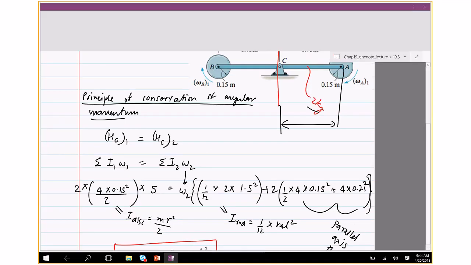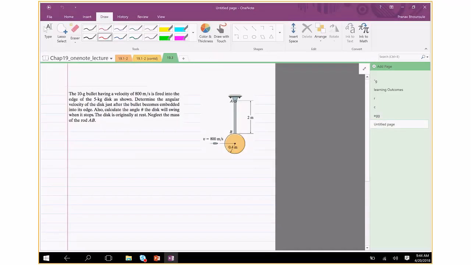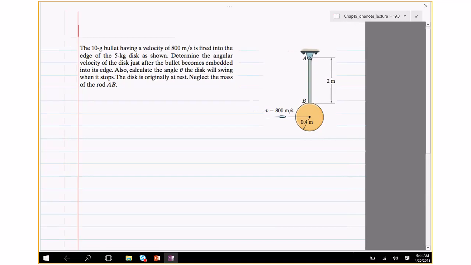Okay, last question. The 10-gram bullet, let me just write it in kilograms, 0.01 kg, having a velocity of 800 meters per second, is fired into the edge of a 5 kg disc.